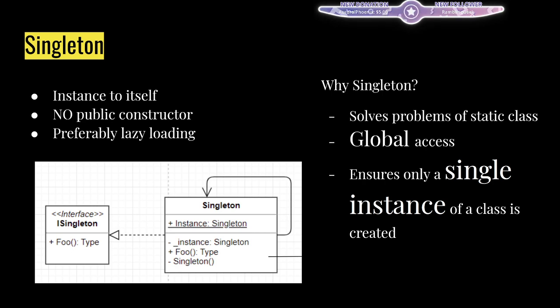It has no public constructor because we don't want to enable others accessing it, and it's usually lazy loaded, meaning that a singleton can be a heavy thing. Like your application could be quite a massive chunk of data, and you might not always need to access it throughout the whole application. So you might as well simply load it when you need it and not if you don't need it.